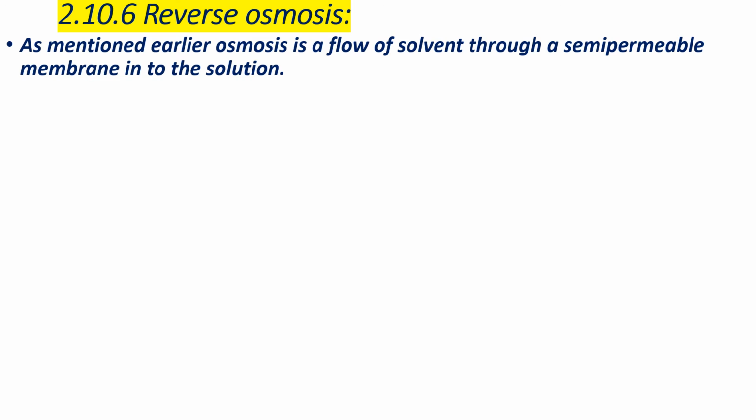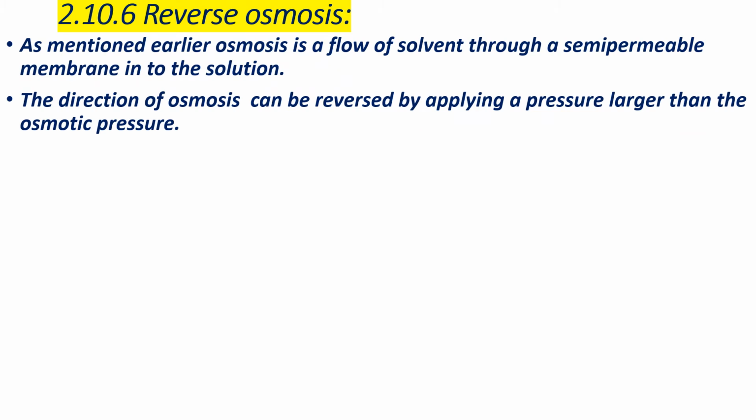Next point, that is point number 2.10.6, reverse osmosis. As I mentioned earlier, osmosis is the flow of solvent through a semi-permeable membrane into the solution. Then the direction of osmosis can be reversed by applying a pressure larger than the osmotic pressure.